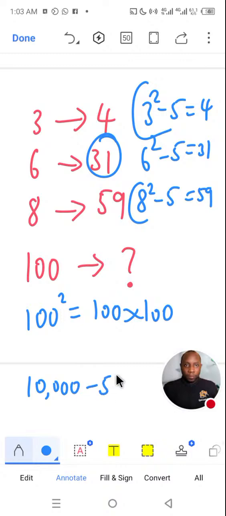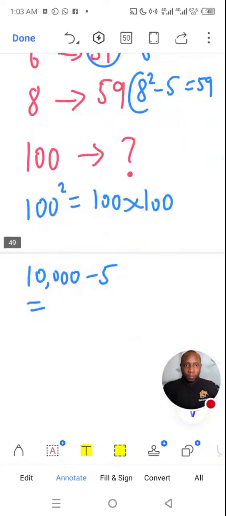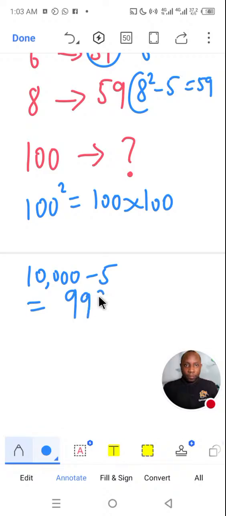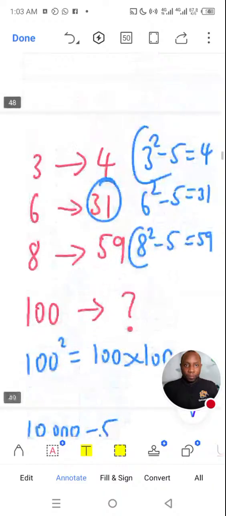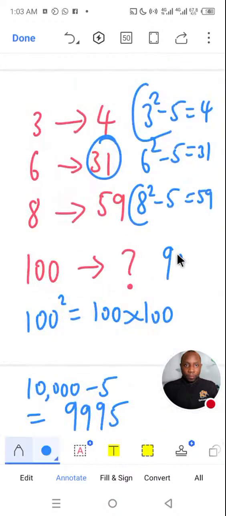But you have to subtract 5. So what is 10,000 minus 5? Anybody? That would be 9995. So that will be the answer to this one here: 9995.